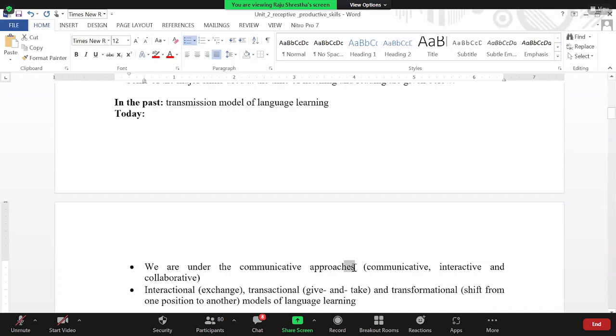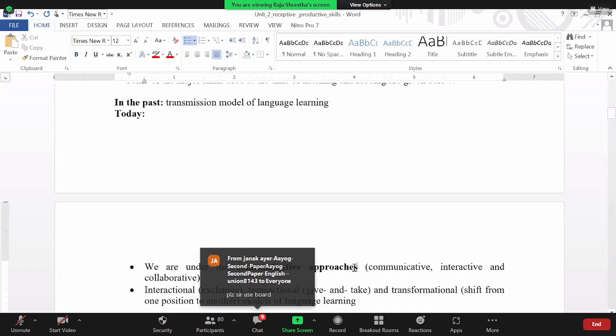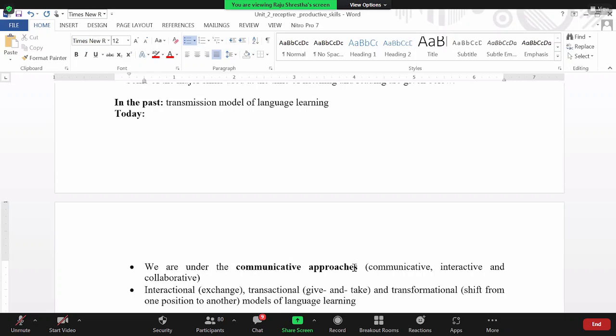So there should be communicative, interactive, collaborative classroom activities, classroom behavior, and the teaching and learning process should be based on the communicative approach.